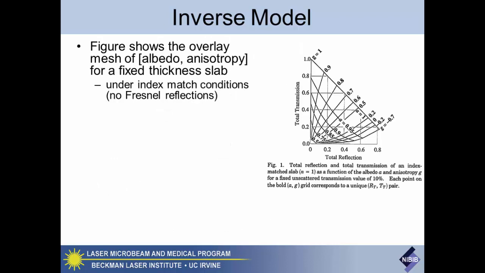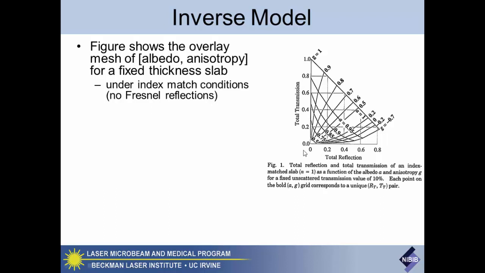So when we're looking at this inverse adding doubling approach, what we can start to see is, over what range of optical properties can you get a unique solution? So if you start to look at a kind of mesh, ideally you want to have something as rectangular as possible, because in terms of your measurement sensitivity, with any small amount of noise, you want to have some idea of what that measurement error may result in terms of your determination of optical properties.